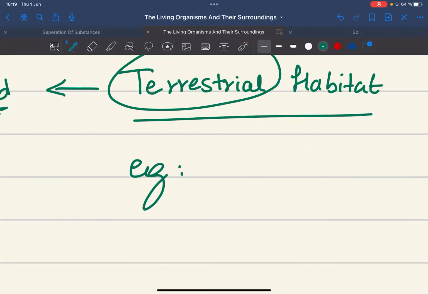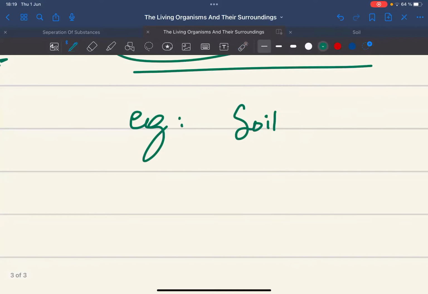Soil. Okay. Water. Water won't come under land. Water is separate. Grassland.